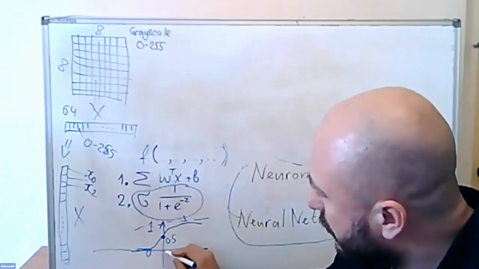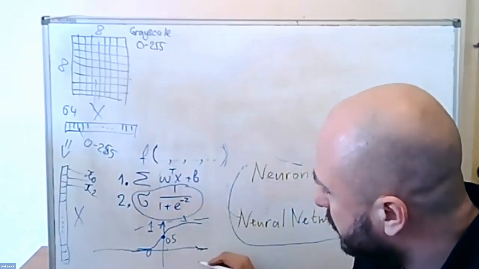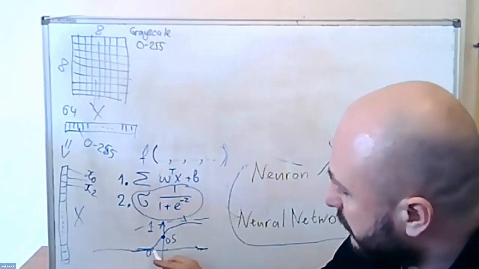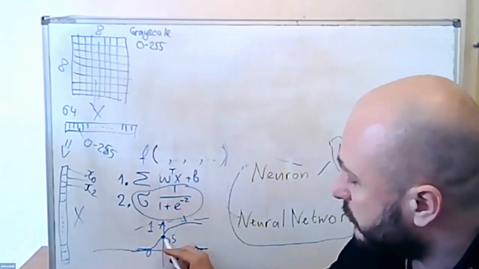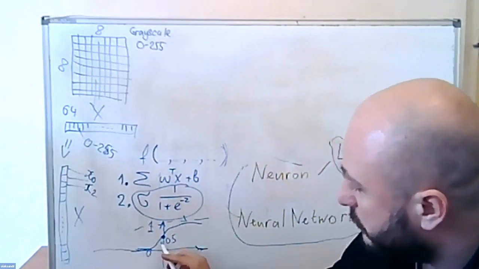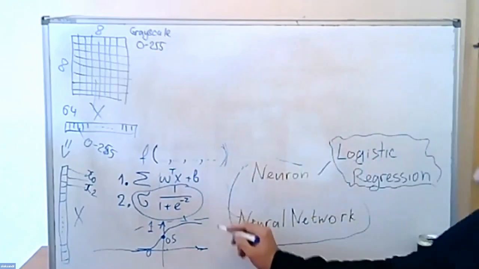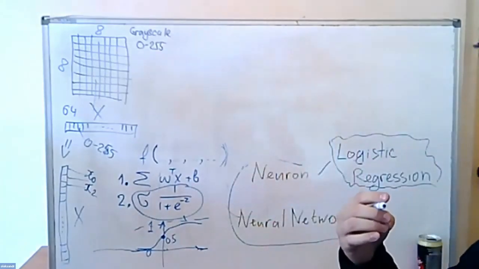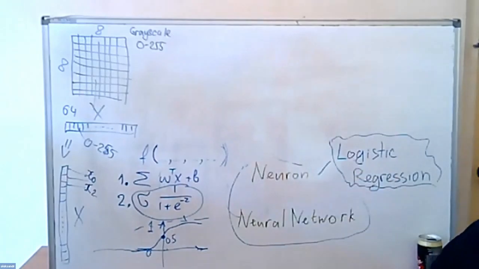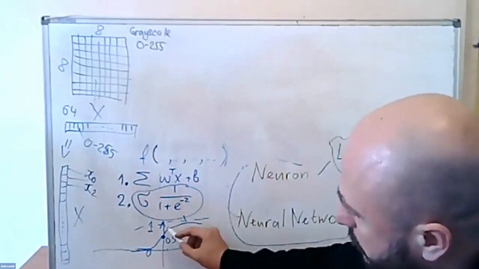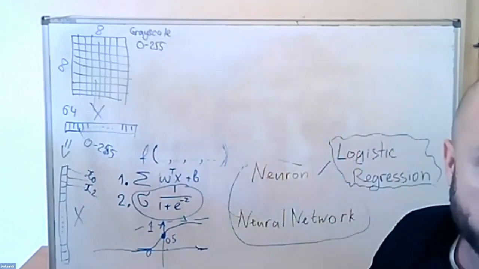For values that are close to 0, we have something in between from 0 to 0.5, or from 0.5 to 1. And our decision about whether it is object or not object will be based on comparing with 0.5.